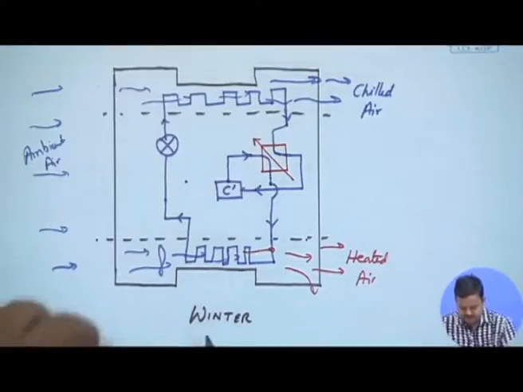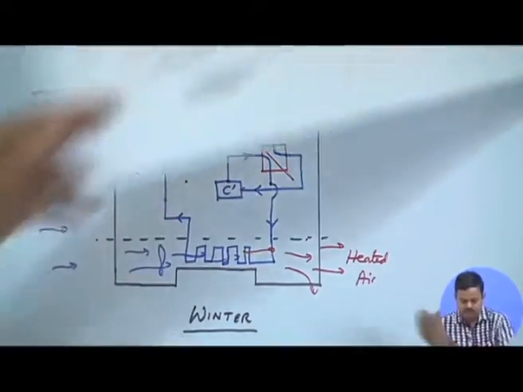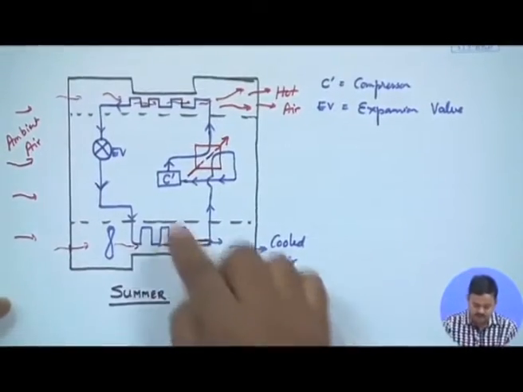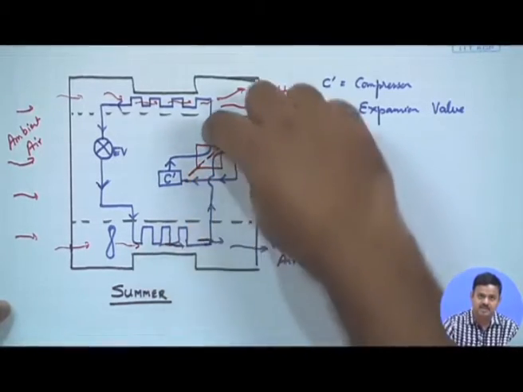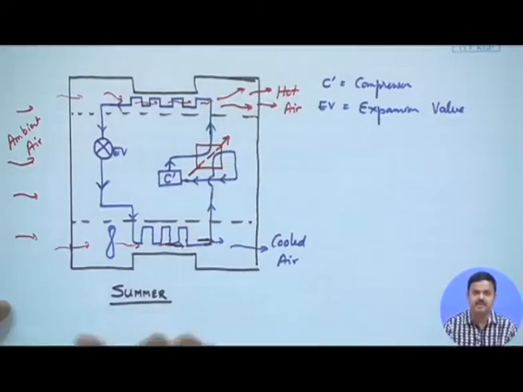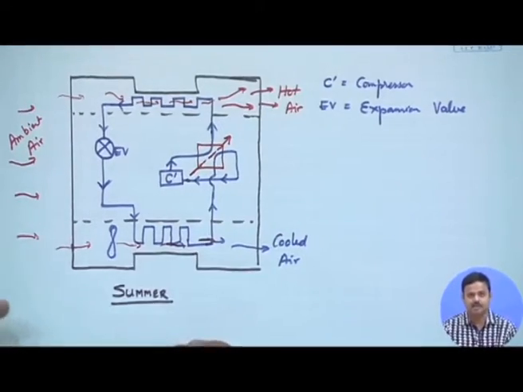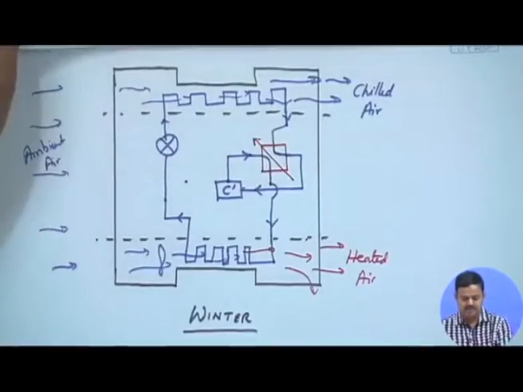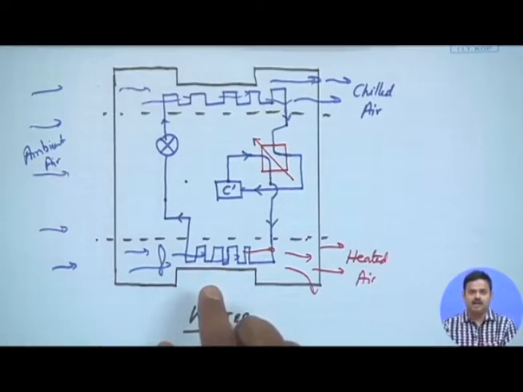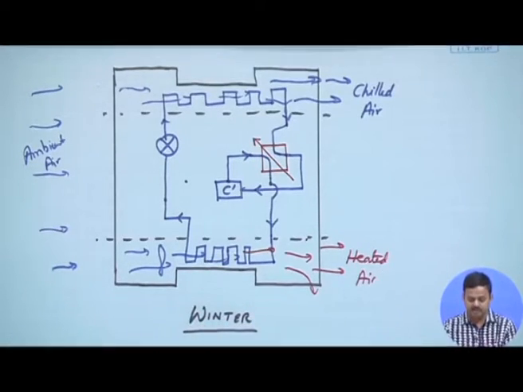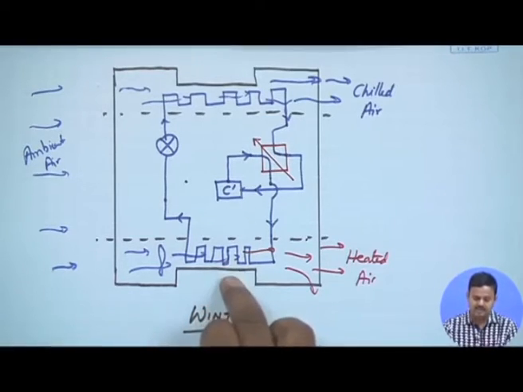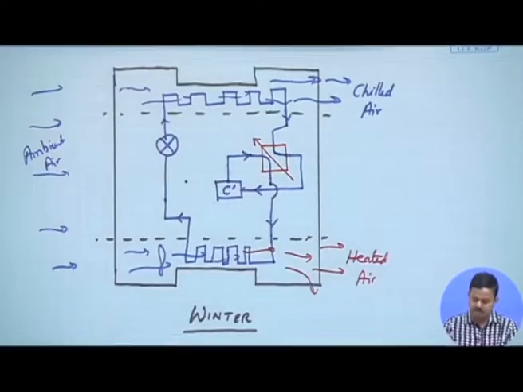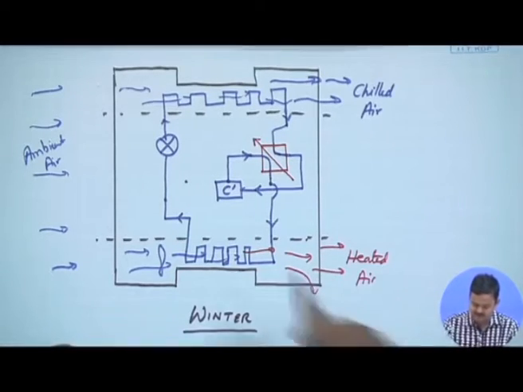So, let us compare the two, this was summer. So, depending on the position, the heat exchanger inside the room acted as the evaporator. What I did was I switched this so that the streams entering the compressor and exiting the compressor are changed, and essentially now the direction of the refrigerant loop is reversed, and the heat exchanger which acted as evaporator during summer now will act as the condenser.